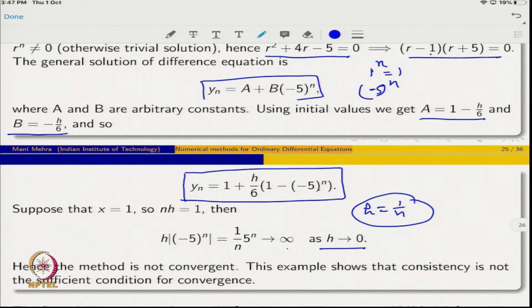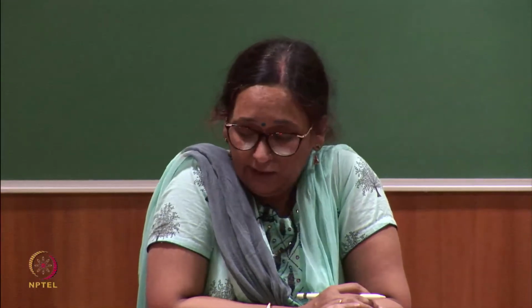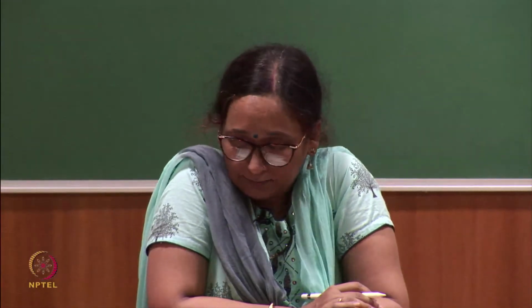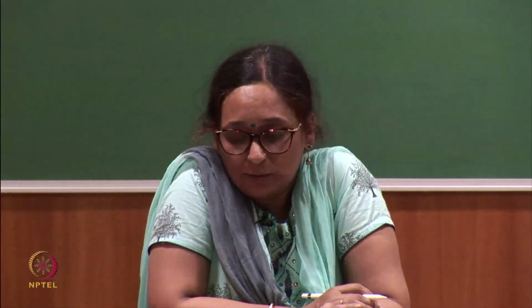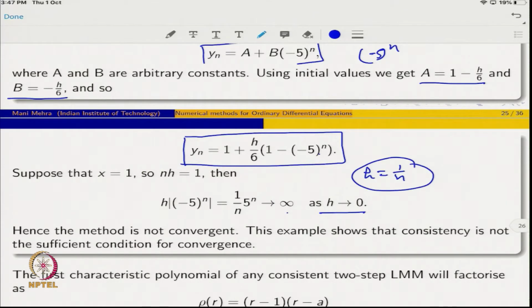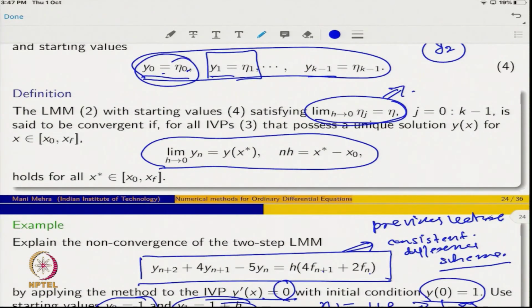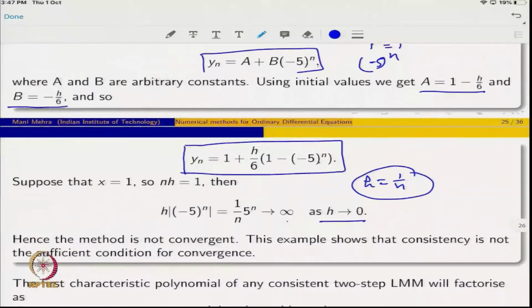What we have observed is that the solution of the difference equation is tending to infinity. So you are not getting convergence, hence the method is not convergent, because a method should be called convergent if this condition is satisfied, not infinity, that we already know.